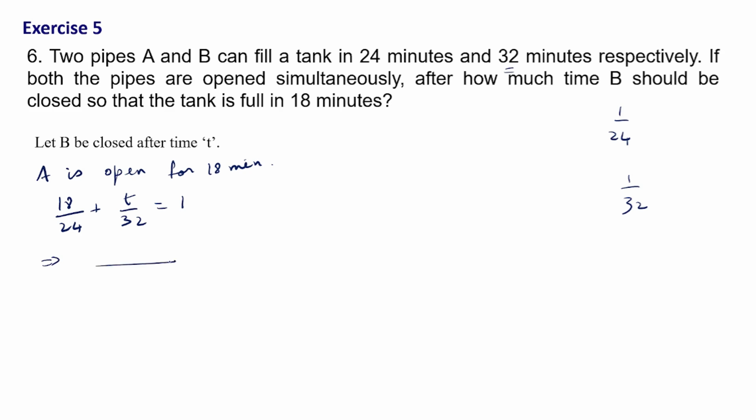So here the LCM is 96. 24 into 4 is 96, so 18 into 4 is 72, plus 32 into 3 is 96, so we have 3T, equal to 1. So from this we get 72 plus 3T equal to 96, or 3T equal to 96 minus 72, which is 24.